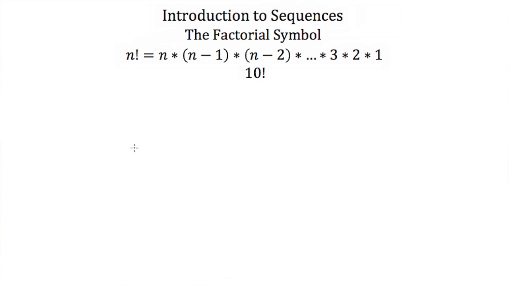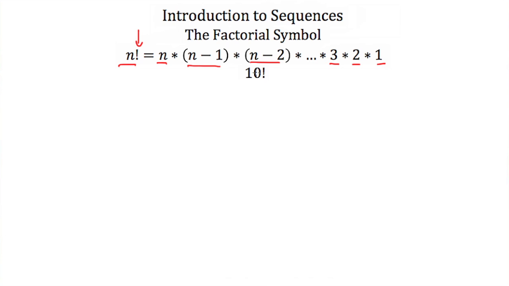The thing that I'm going to use to describe that changing value is the factorial symbol. And the factorial symbol is this exclamation point. If I have n factorial, that's equal to n times n minus 1 times n minus 2 times n minus 3, n minus 4, all the way down until you hit 3, 2, and 1.